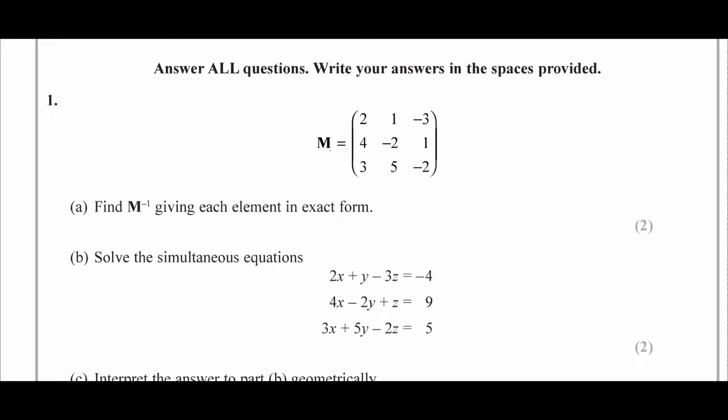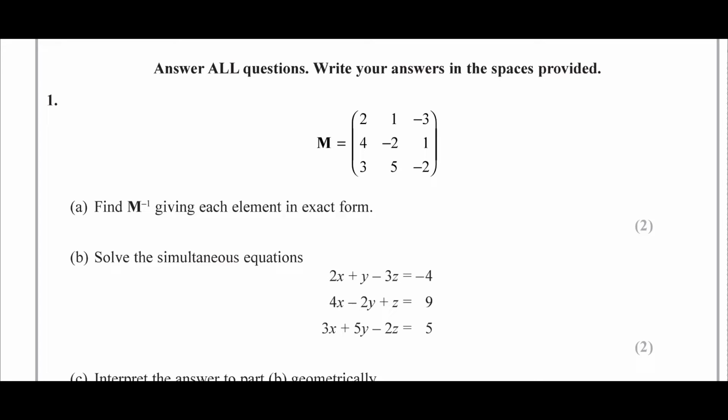Question 1. We have the matrix M with elements 2, 1, minus 3, 4, minus 2, 1, 3, 5, minus 2. We have to find the inverse of M, giving each element in exact form.